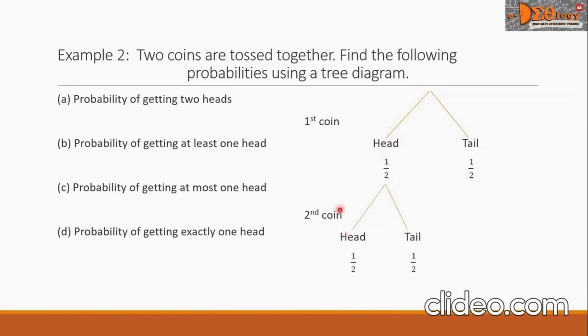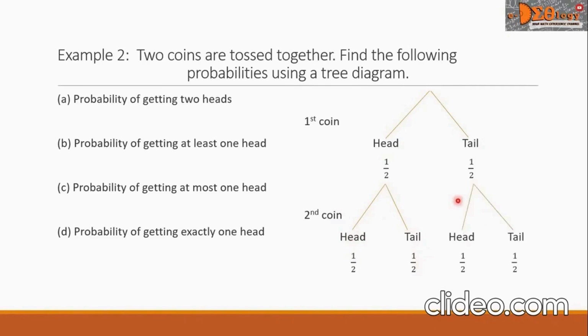Now, in the second coin, there are 2 possibilities also. The first possibility, when the second coin turns head, and that probability is 1/2. The second coin may be tail also, with a probability of 1/2.